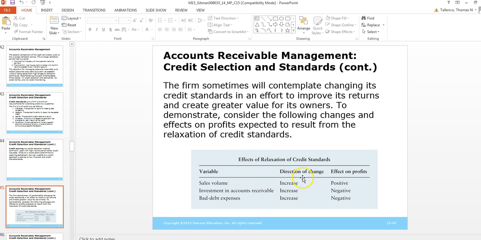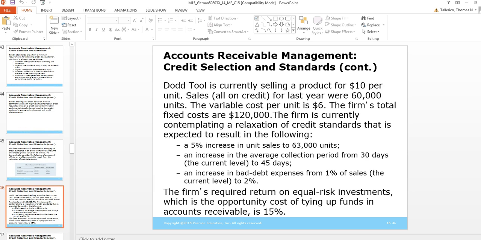It may cost them money, but you can see here what relaxing the credit standards does. If your sales volume goes up, your profits go up, obviously. And if your accounts receivable goes up, it's going to be negative because you don't have that cash available. And bad debt, people don't pay their bills. That's negative for profits too, right? So some of that stuff should be obvious.